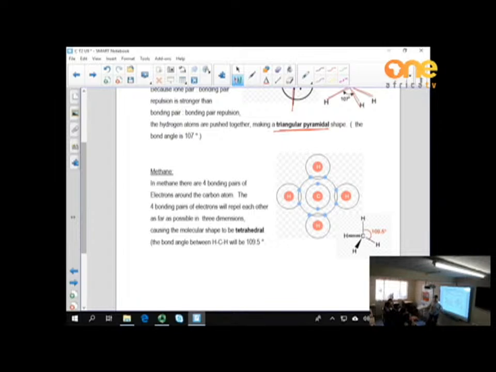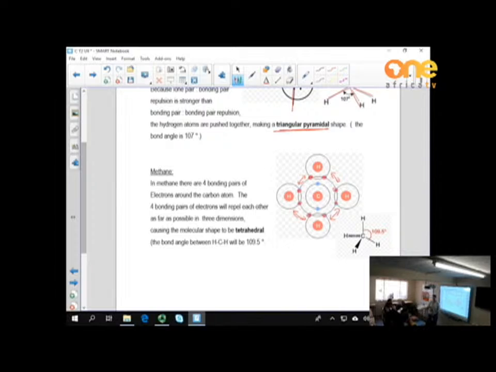Then methane is probably the easiest one to explain of the lot. Are there any single pairs of electrons? No. We have 4 sets of bonding pairs. There's one set, there's another set, and another set. And we find now that the repulsion between these pairs is fairly weak, but it is the same in 3 dimensions.